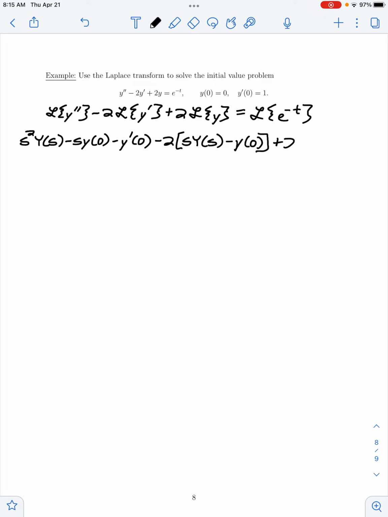And then I'm adding 2 times the Laplace transform of y. And this is equal to the Laplace transform of e to the negative t. So using my Laplace table, the transform of that function would be 1 over s minus negative 1, or 1 over s plus 1.